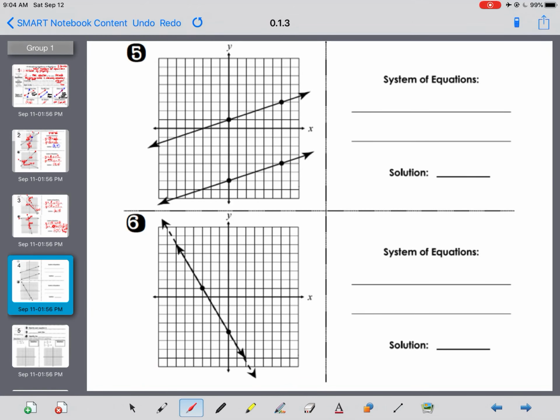Now, number 5. Sure looks like they're parallel, which means there probably should be no solution, but what we need to check first is that their slopes are the same. So y equals something x something, y equals something x something. Let's count the slopes. 1, 2 up, 1, 2, 3, 4, 5, 6 over. Oh, it looks like there was a halfway point. Look at that. 1 up and 1, 2, 3 over.